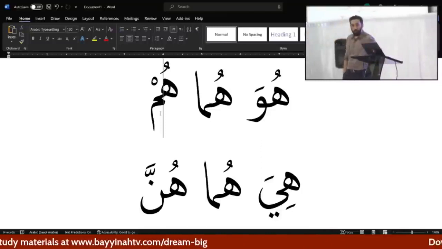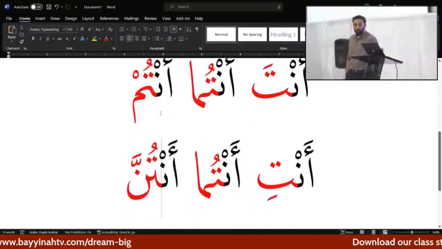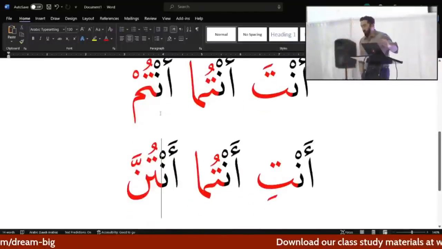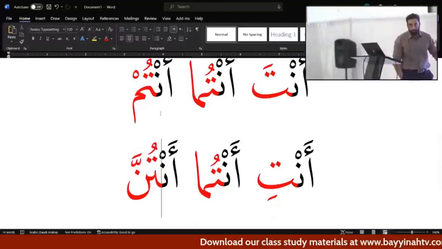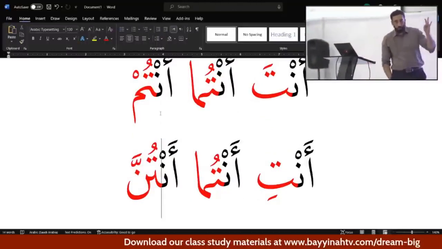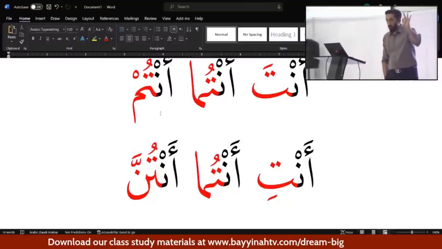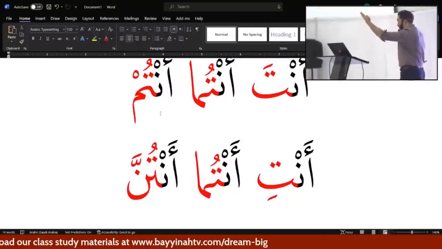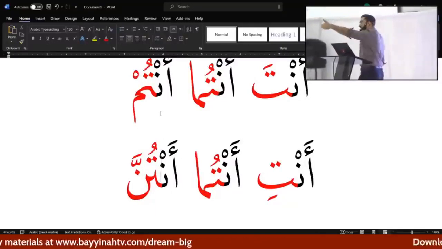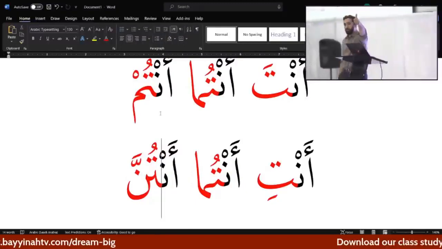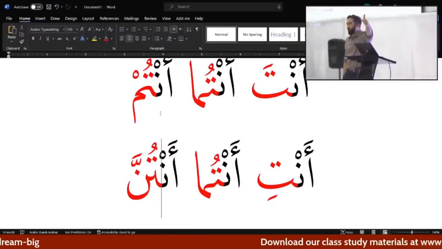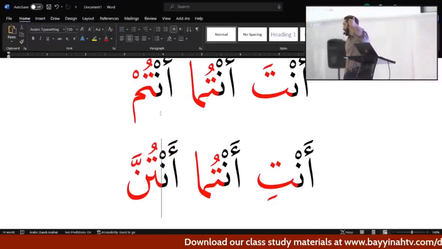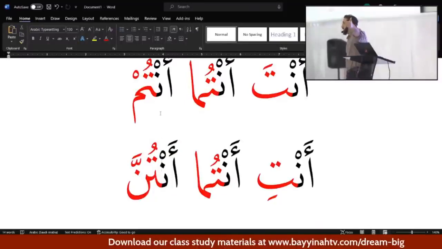Let's try it. If I say, what are the 4 properties of anti? I want status, I want number, I want gender, I want type. Same 4 properties that we've been doing. What's the status? Why is it rafa? Because pronouns are rebels. But it has an ee at the end. Do they care?